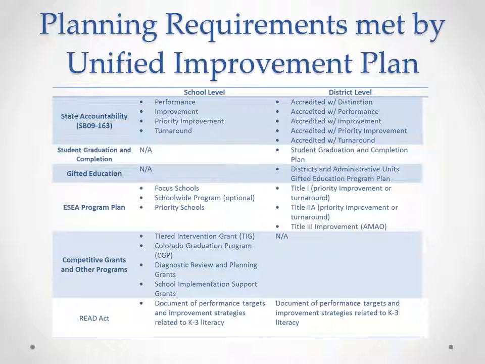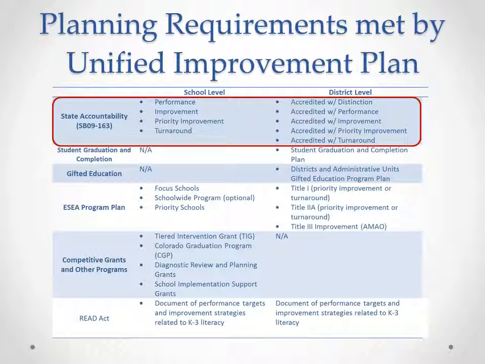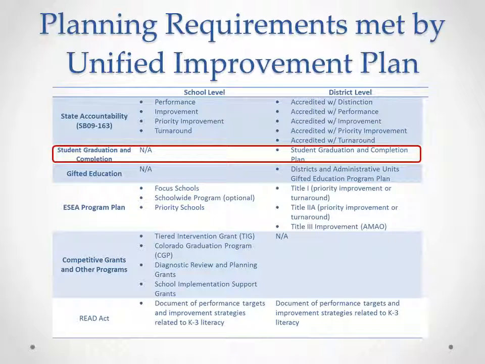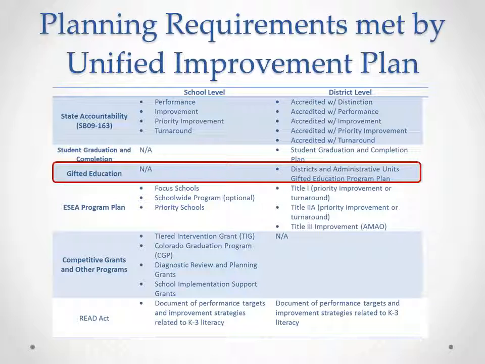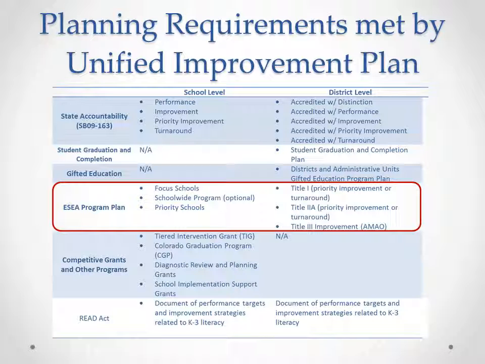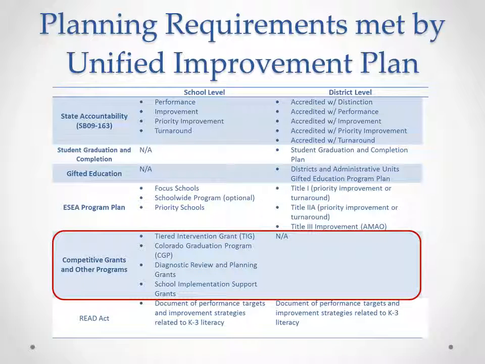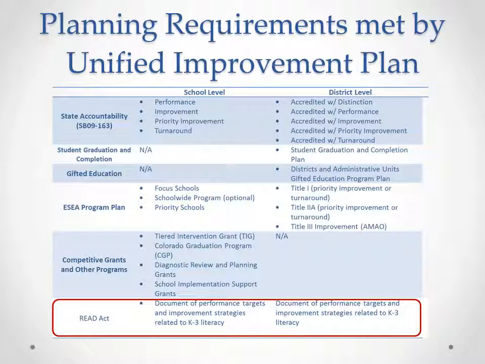School and district unified improvement plans are designed to meet multiple state and federal requirements and some competitive grant reporting requirements. This includes the following: all improvement plans required by the Educational Accountability Act of 2009, student graduation and completion plans, gifted education program plans, improvement plans required by the Federal Elementary and Secondary Education Act for Titles 1A, 2A, and 3, improvement plans for some competitive grants, and the provisions of the Colorado READ Act.